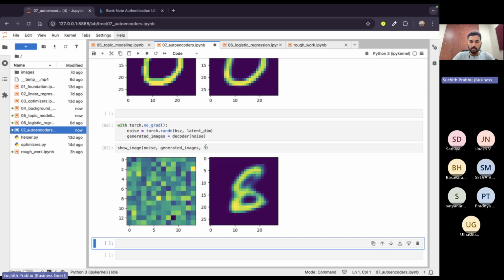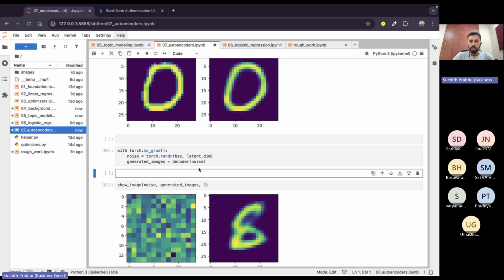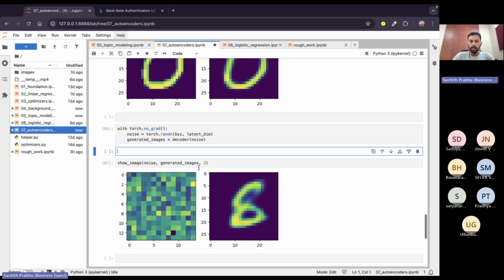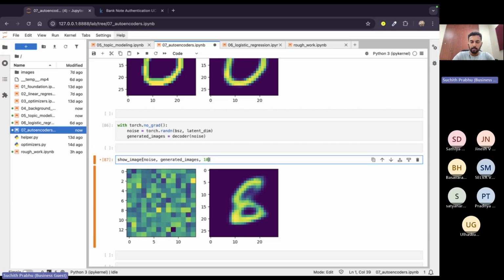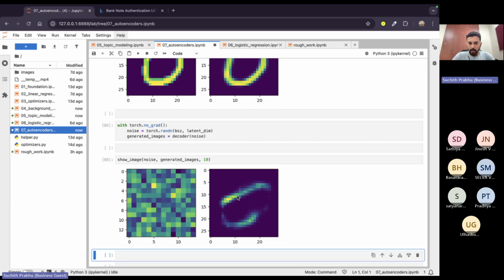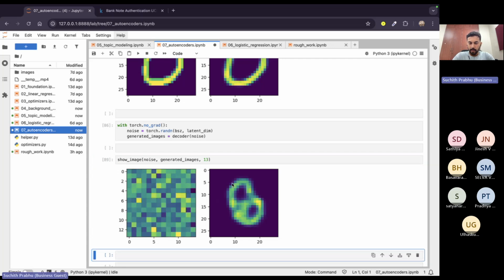This is how autoencoders could be used as a generative model. You're starting with random noise and predicting an image out of it. Let's look at other examples as well. Here it has generated 0. Here it has generated 8 from random noise.